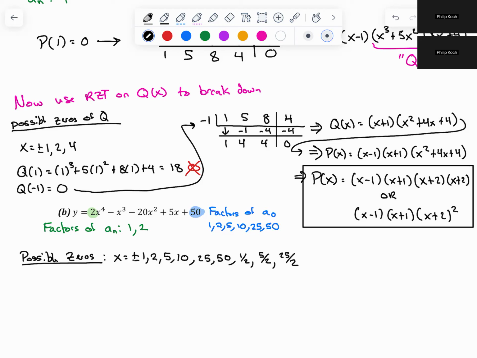If you're dividing by 1, that doesn't do anything. So that's why I've just written 1, 2, 5, 10, 25, and 50.